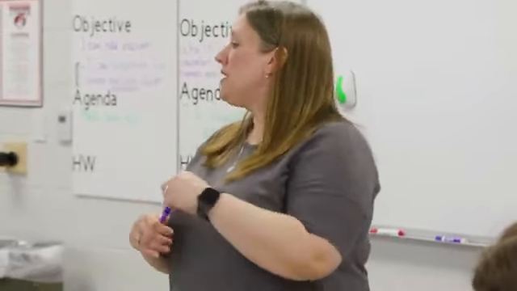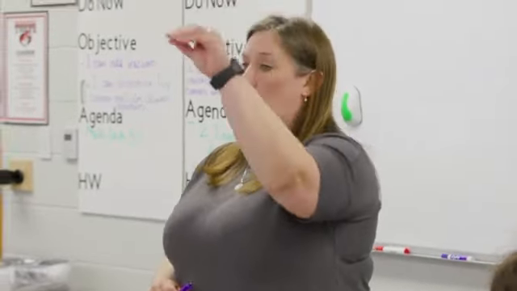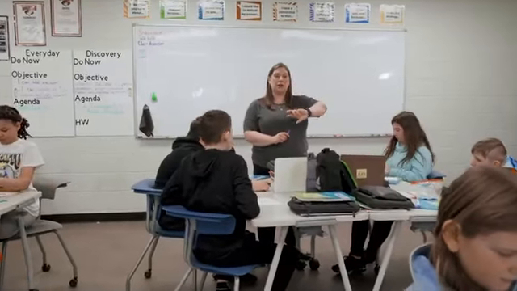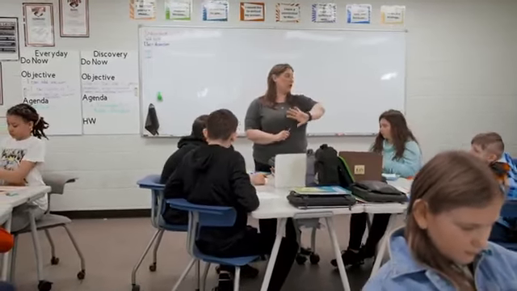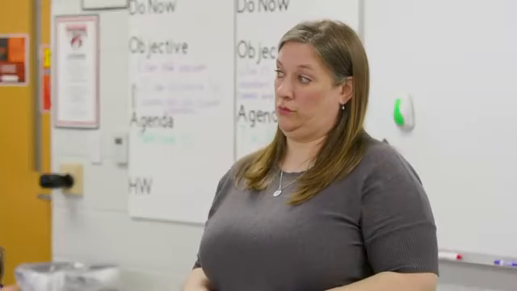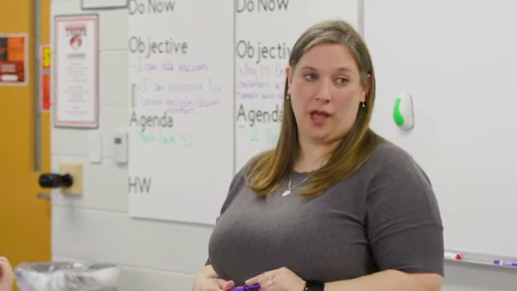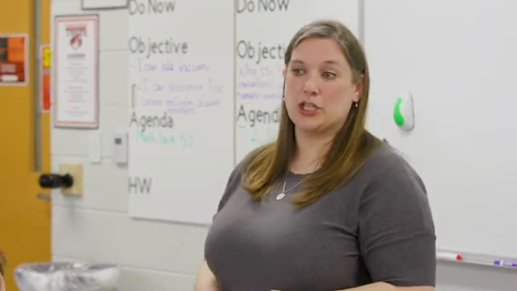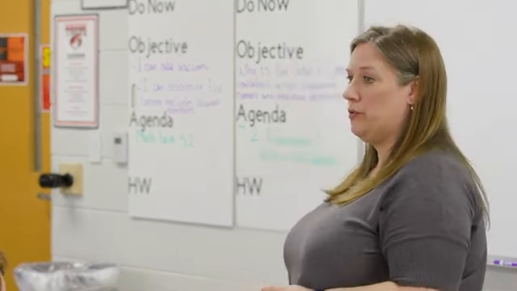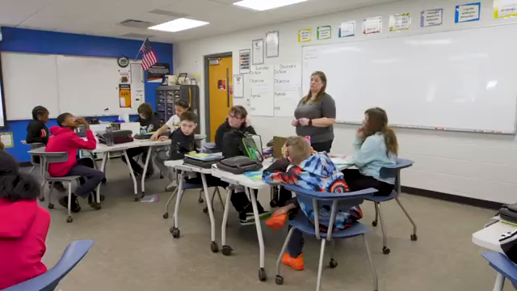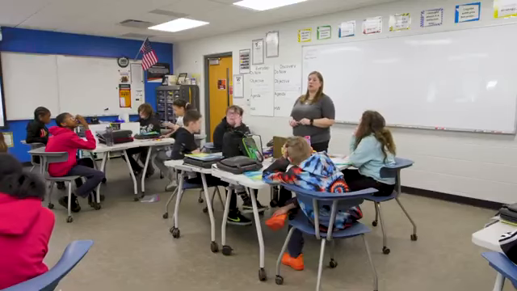So, how does the math that we did in part 1 help us to figure out where to start with part 2? Tavari? It's the multiplication. What do you mean by that?